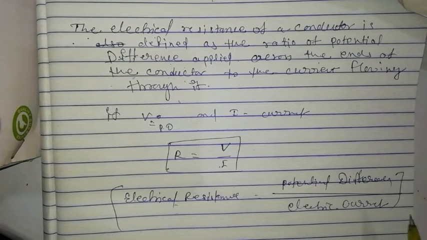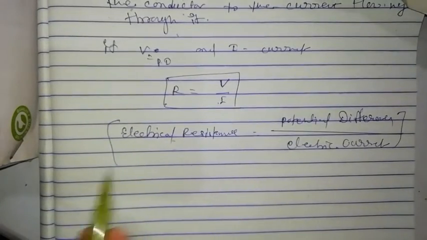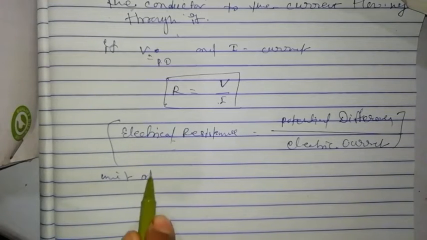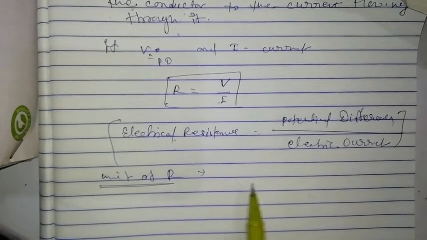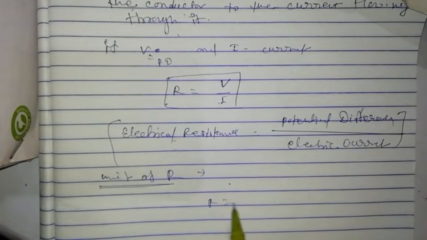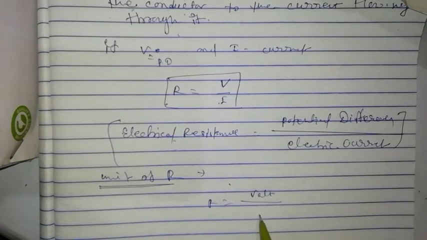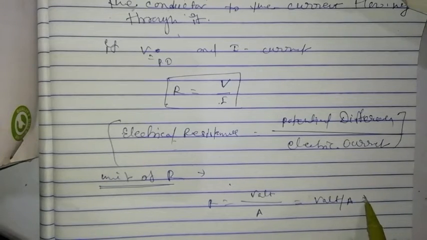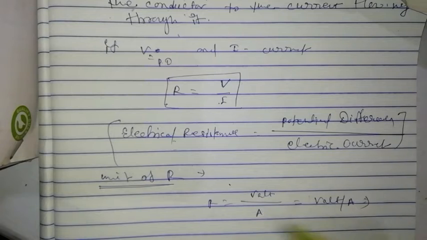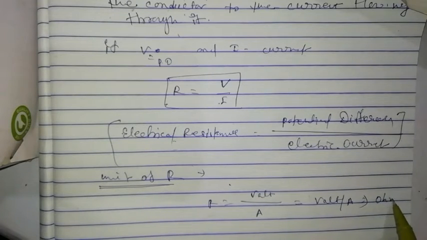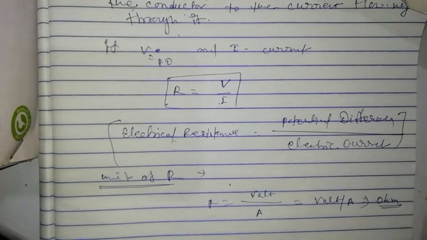Now, the unit of resistance. R is equal to the unit of potential difference, which is the volt, and the unit of electric current, which is the ampere. So we can write volt per ampere, which is represented as the ohm.